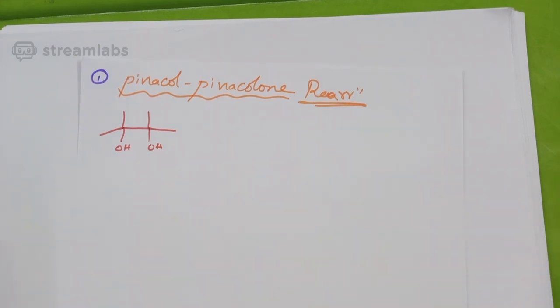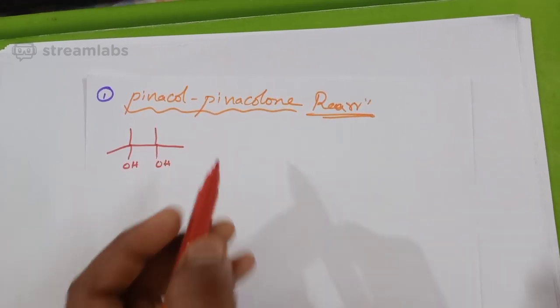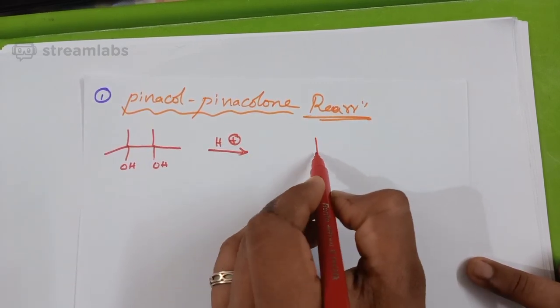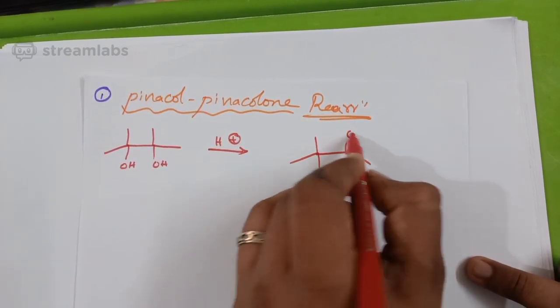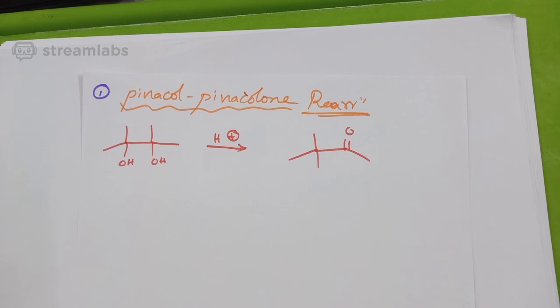Just a minute. This is pinacol, okay, a tertiary 1,2 diol. If it is treated with H plus ion it finally gives pinacolone like this. This is pinacol, this is pinacolone.